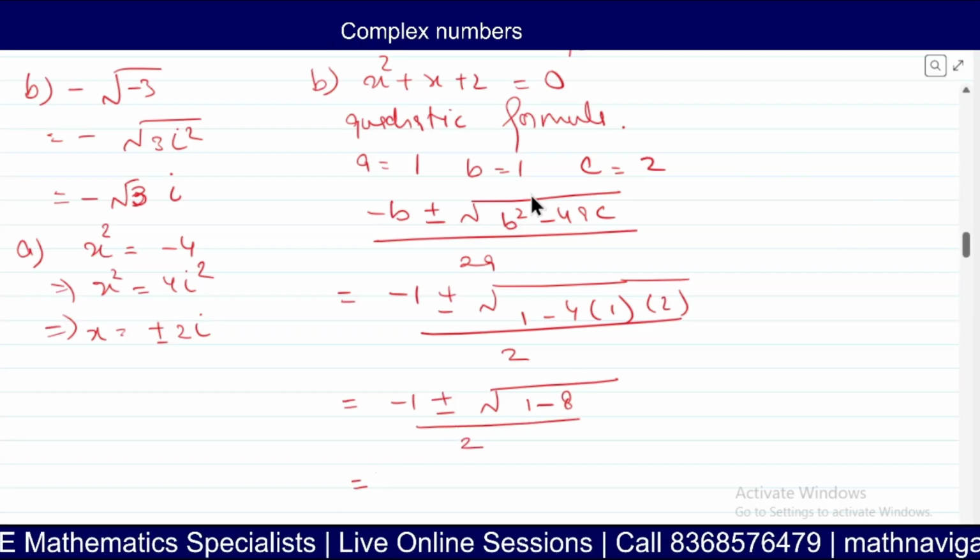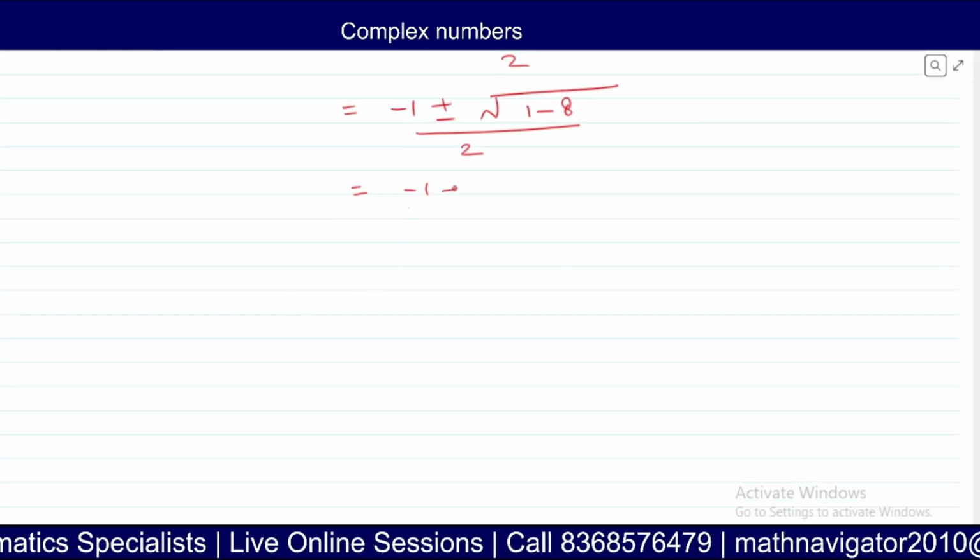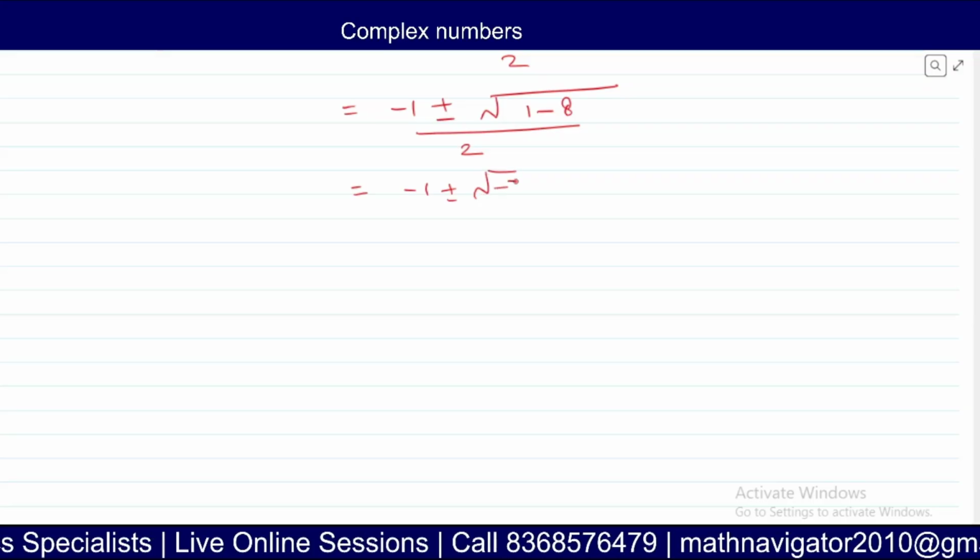This will give me -1 plus minus root of -7 over 2.